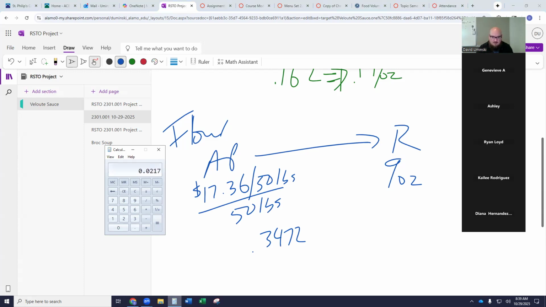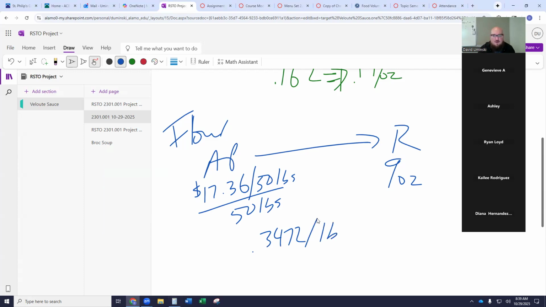Okay, so it's the 0.3472 per pound. And it was the 9 ounces cost, and I multiplied it by 0.0217. And I got 0.1953. And I rounded that to 0.20.